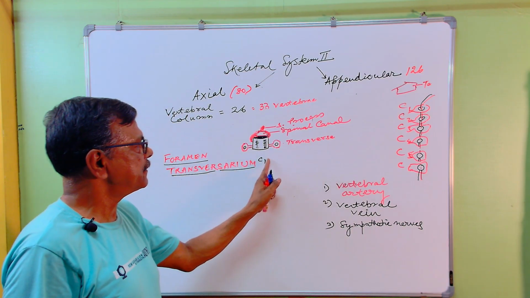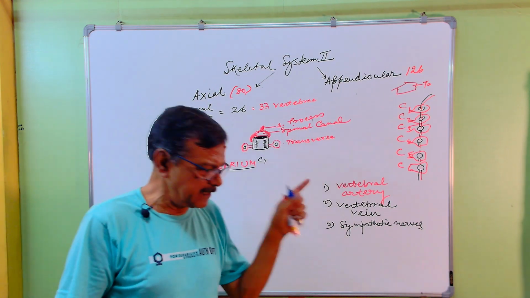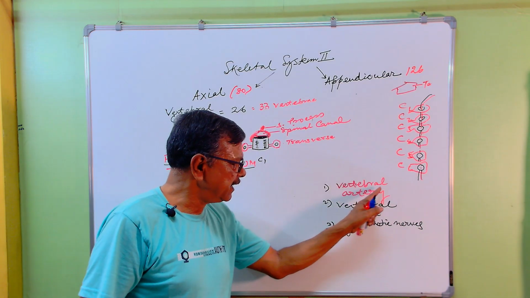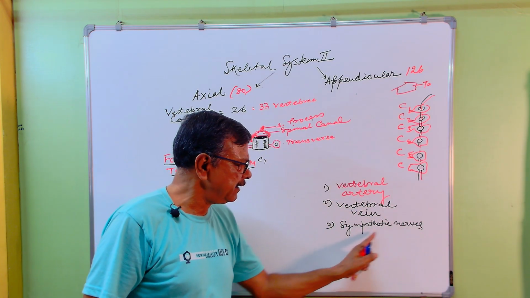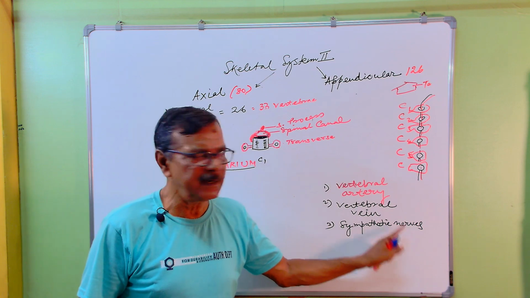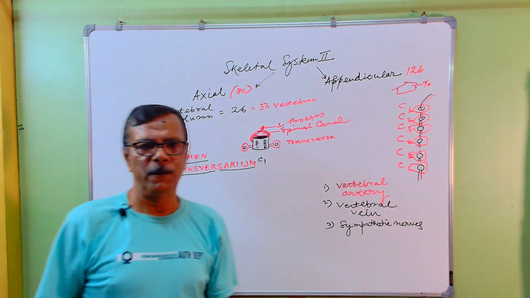Through these transverse processes of the cervical vertebra, the vertebral artery, vertebral vein and sympathetic nerve pass through.